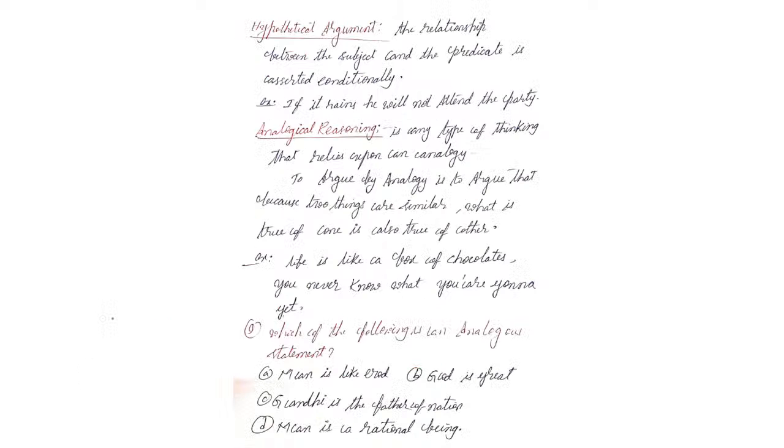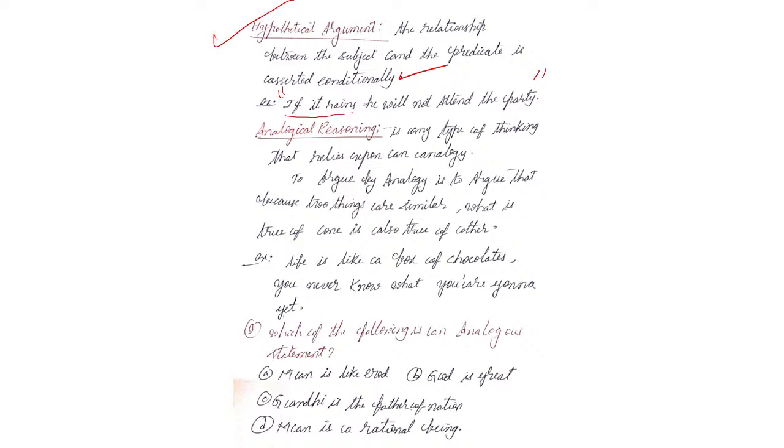Okay. Next, the hypothetical argument. The relationship between the subject and the predicate is asserted conditionally. There is a condition between subject and predicate, that is called a hypothetical argument. In the exam they will give a statement like this: if he trains, he will not attend the party.